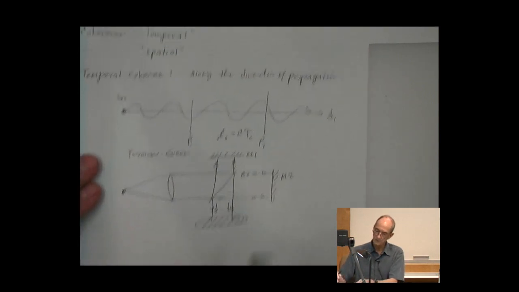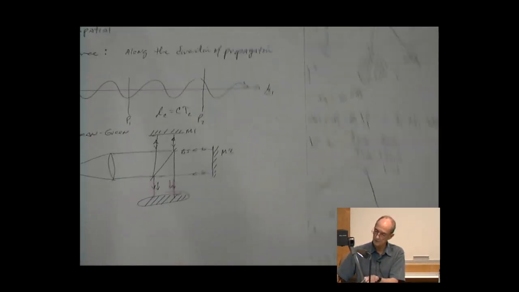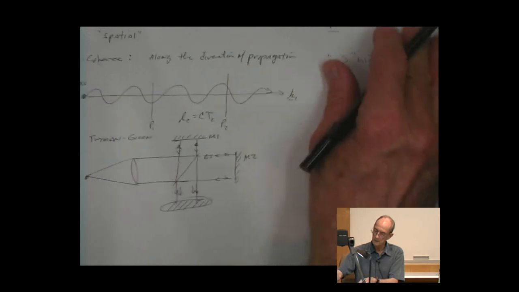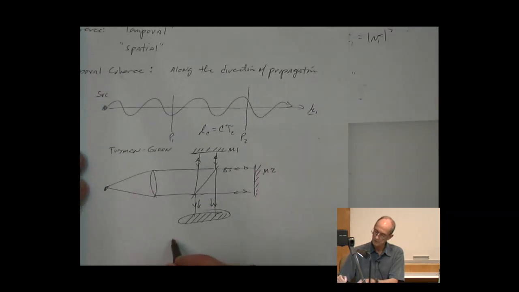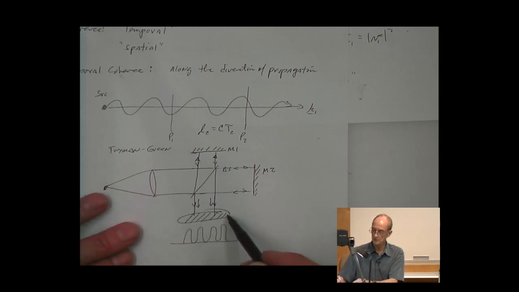And so this visibility that I mentioned here, this Imax minus Imin, is a measure. What you're doing here is measuring the contrast or the visibility of these fringes.